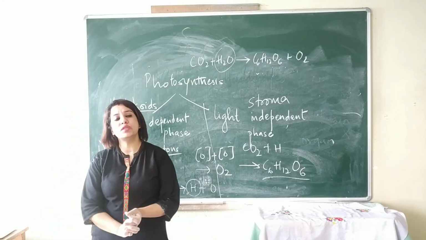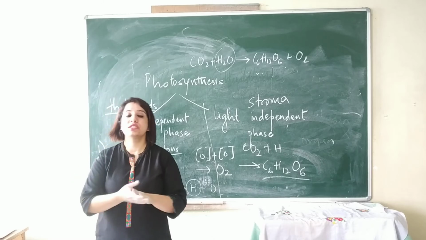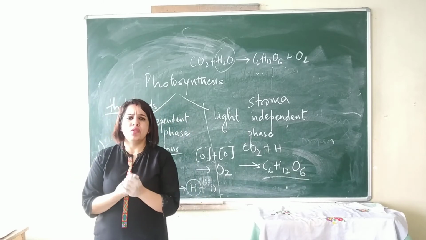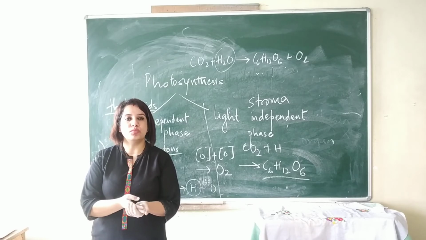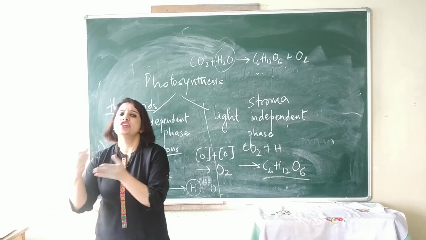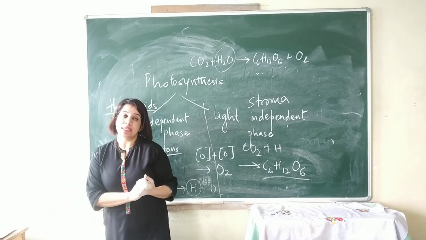Now this glucose that is produced during photosynthesis is transported to the different parts of the plant by the phloem. Now, even when your mother cooks at home, sometimes there is excess food. So what does she do? She'll keep it in the fridge so that we can eat it later.